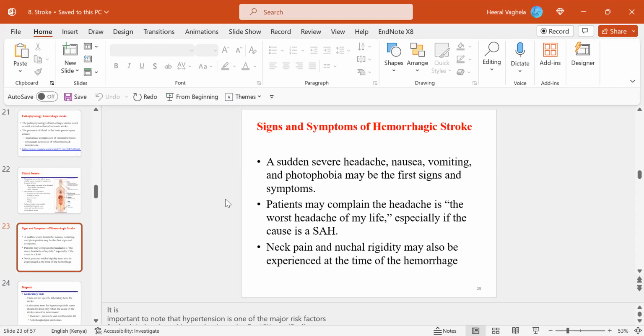And then with hemorrhagic stroke, the main complaint patients have is a headache, which is like the worst headache of my life, and they usually have neck pain and neck rigidity.